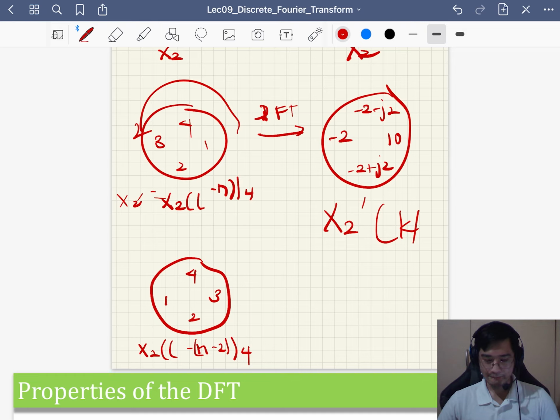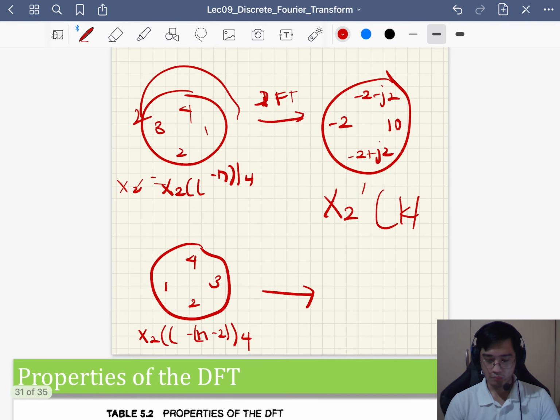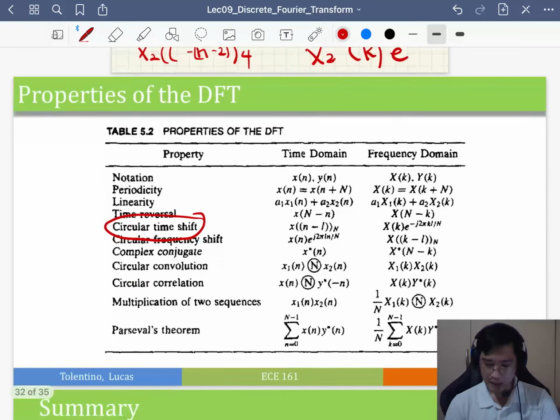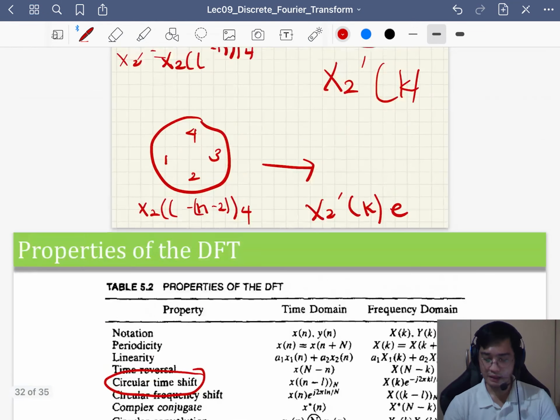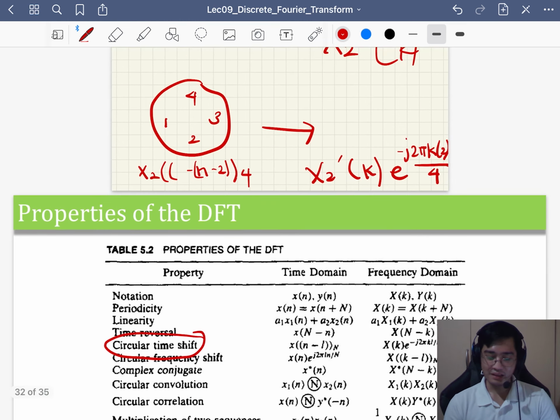The DFT of that is x2 prime of k multiplied by the amount of shift, e to the minus j 2 pi k times 2 divided by 4. So you can use this property if there is a circular time shift.